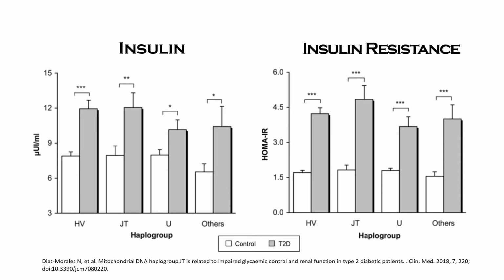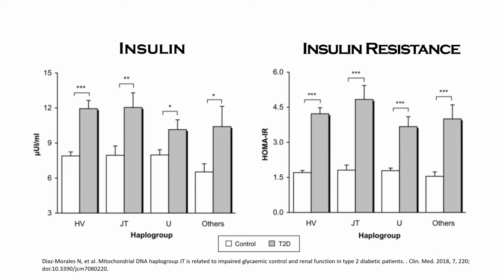What was remarkable in this study was that diabetic patients within the JT haplogroup show significantly higher levels of fasting glucose and A1C than diabetic patients belonging to other haplogroups. These differences remain statistically significant even after adjusting for the duration of diabetes.